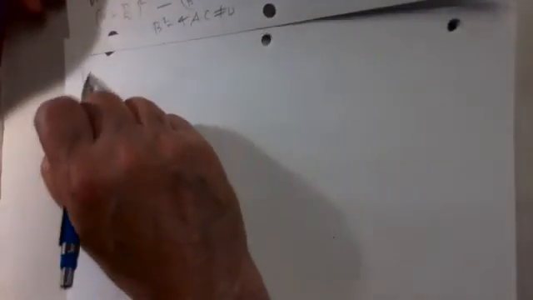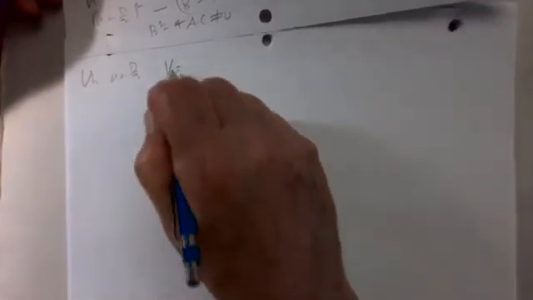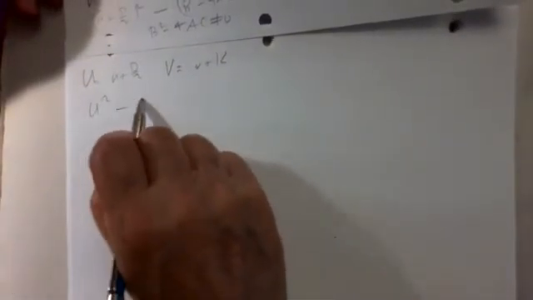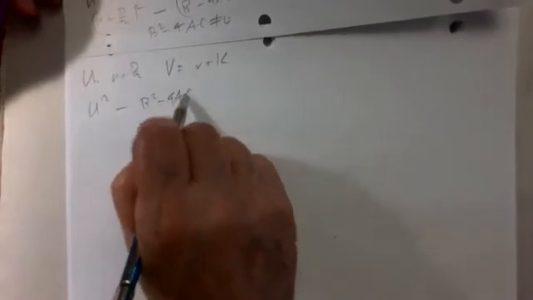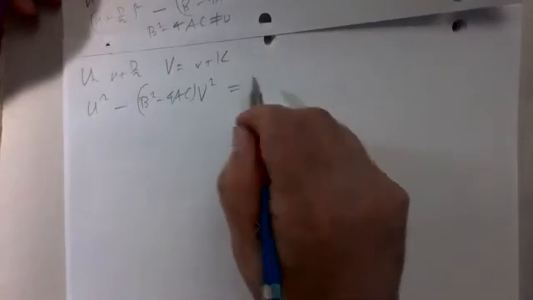So what is the consequence of this? Suppose I let u be u plus d over 2 and v be v plus k. I have an equation that looks like u squared minus b squared minus 4ac v squared equals something.